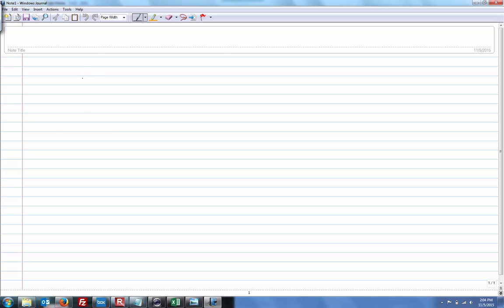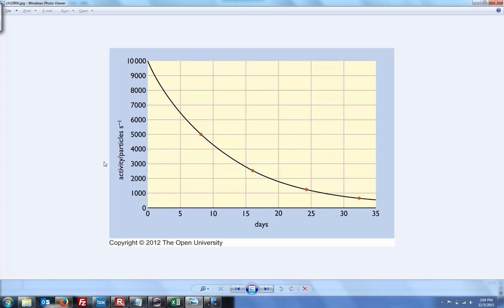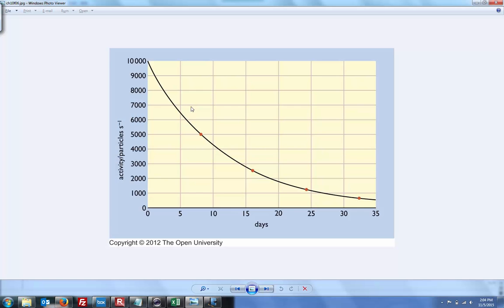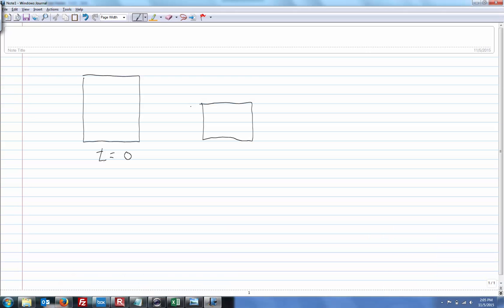Here's the basic principle behind radioactive decay. So we're going to just start with a certain amount of material. This is just going to be time equals 0. And then at some later time, and I'll just use the example from the book, let's see, I'll just say 8. Yeah, let's go with 8. Time equals 8.